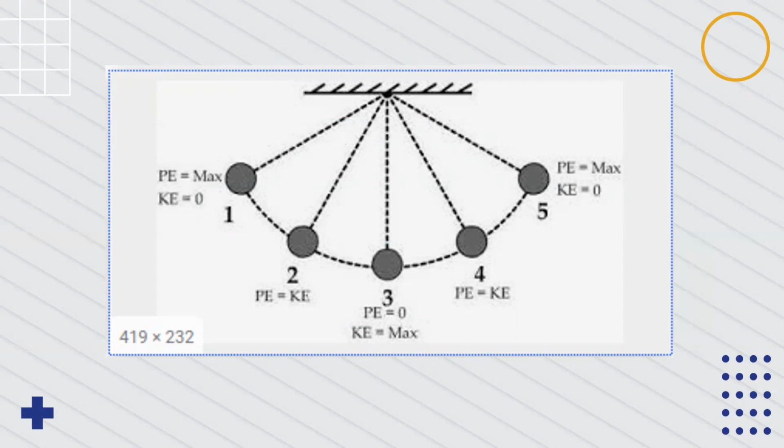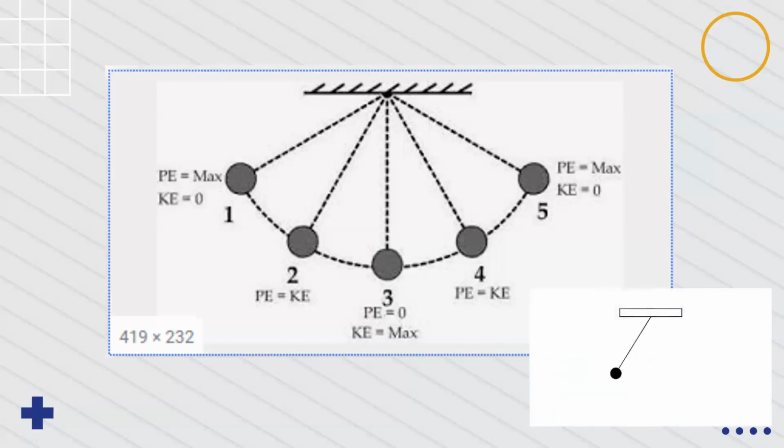So that means that when the pendulum swings from the highest to lowest, the potential energy decreases. Whereas the kinetic energy at the highest position is 0, while the kinetic energy at the lowest position is at its maximum, meaning the kinetic energy is increasing.